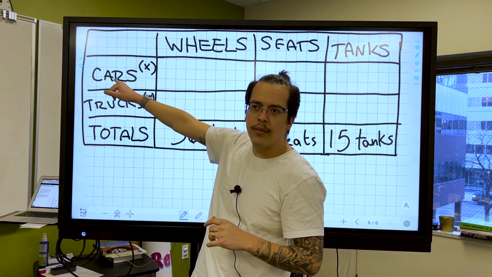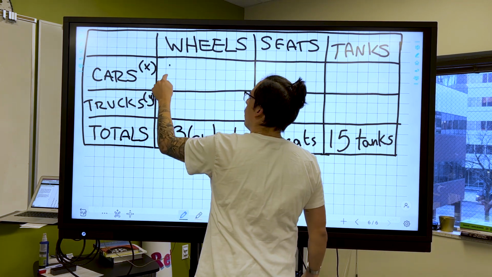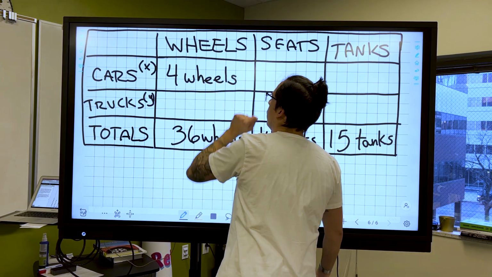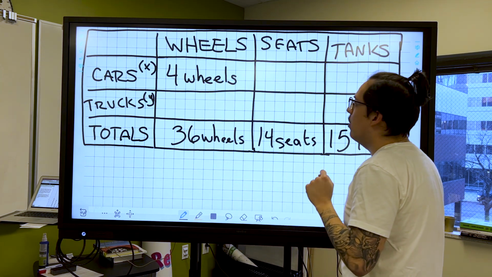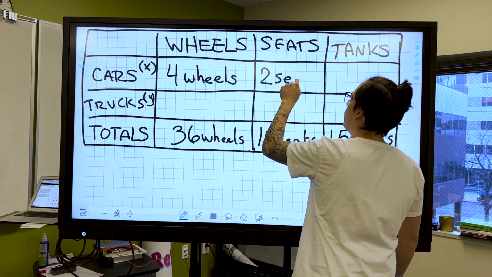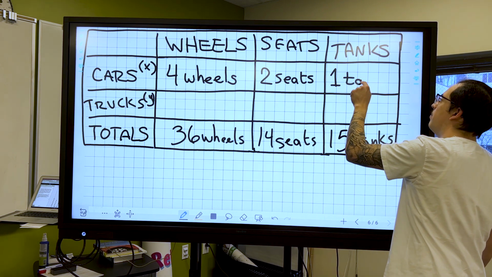Every car takes 4 wheels to make. Every car takes 2 seats and 1 gas tank.